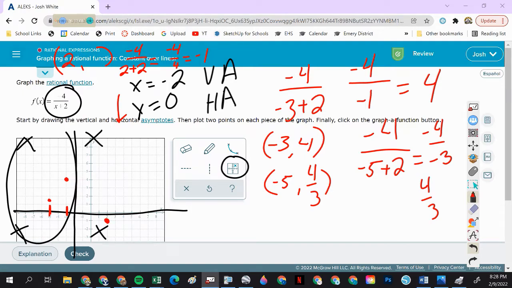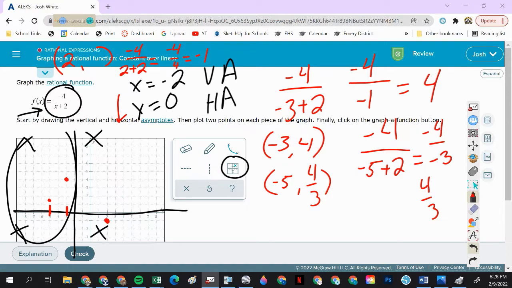You can't always find a number that's nice, in which case you have to use the coordinate plotter to type in the fractions. But if I tried 0, I'm not going to get a fraction. So 0 in this case is a really good idea, although any number on that right side would work.